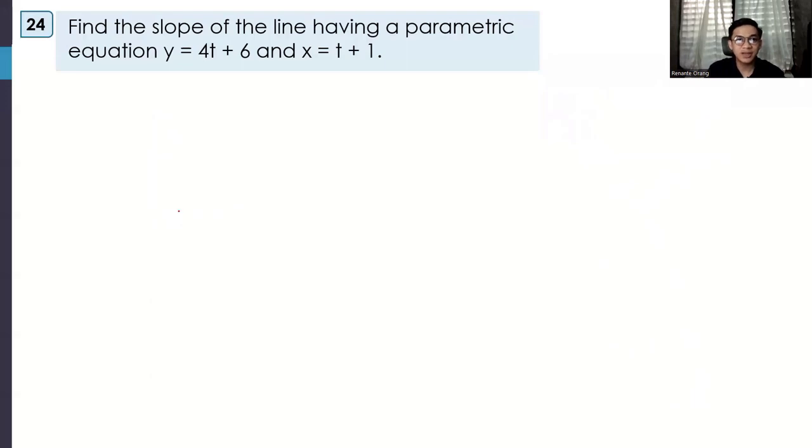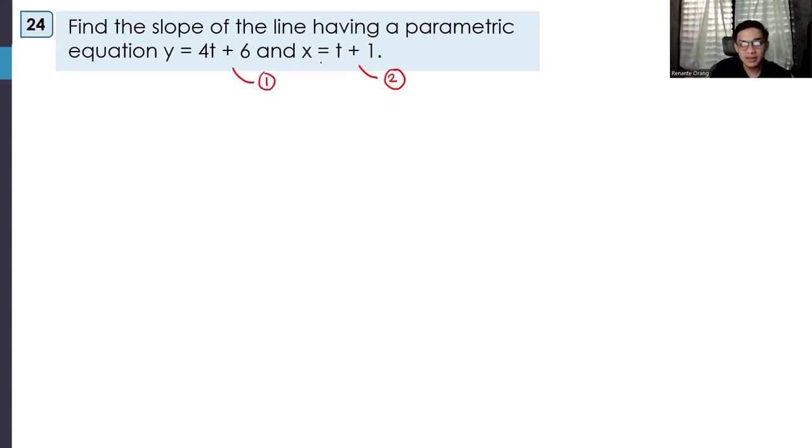Number 24, find the slope of the line having a parametric equation y is equivalent to 4t plus 6 and x is equivalent to t plus 1. So, ang gagawin lang natin dito, class, is to substitute our second equation to our first equation.